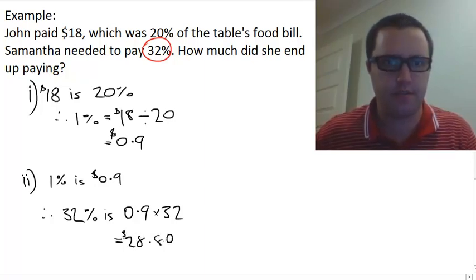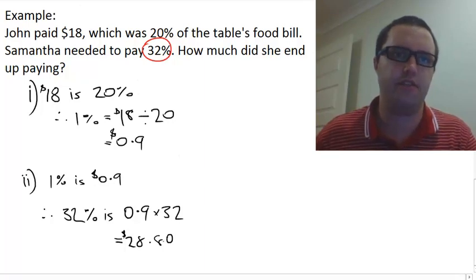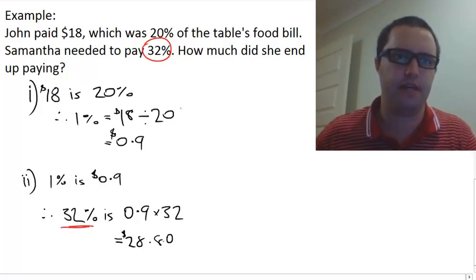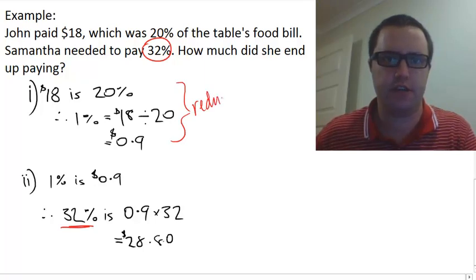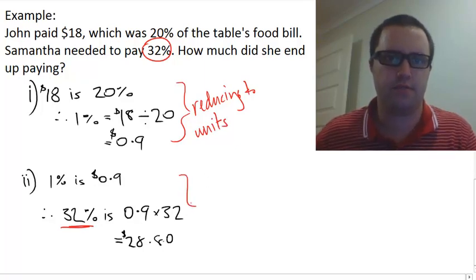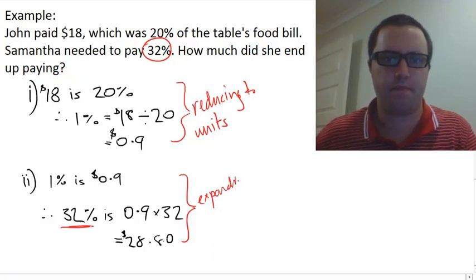Okay, so that's how we use the unitary method to go to an intermediate percentage. So this isn't all the way out to 100; it's to 32%. Okay, so this part here was our step of reducing to unitary units, and this was expanding to required percentage.